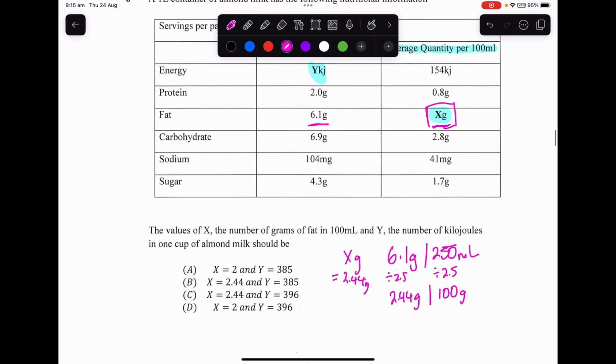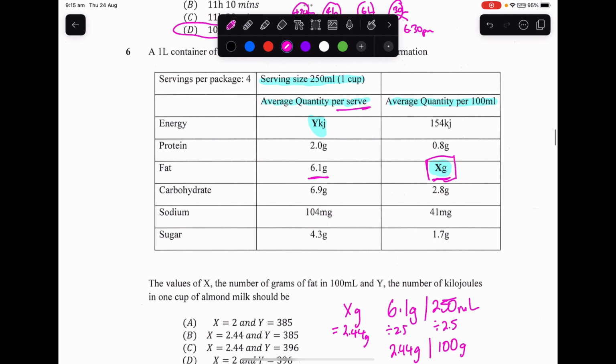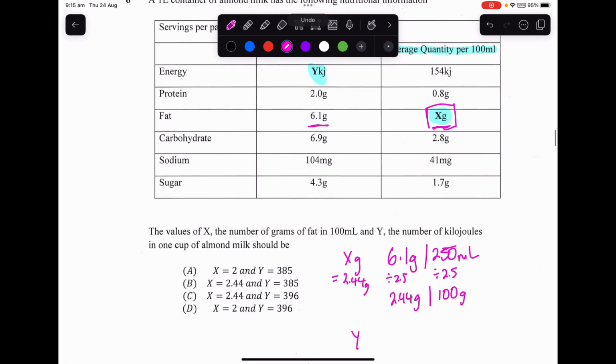Now let's do the same for Y. Now Y is on the other side. So Y is on the per serve side. So for Y kilojoules, we've got 154 kilojoules per 100.